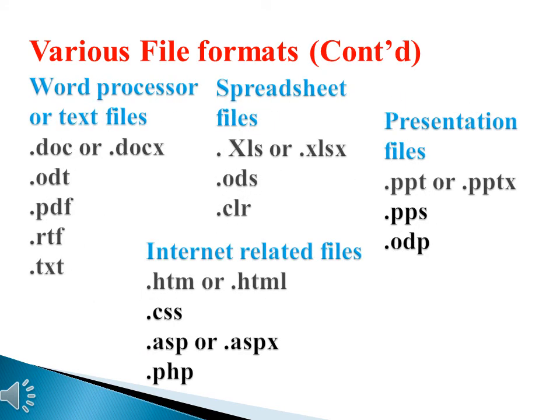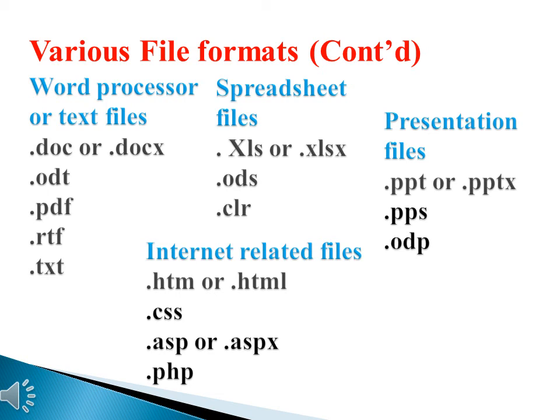If you are working with a word processor or text files, then the extensions or the formats may be .doc or .docx, .odt, .pdf, .rtf or .txt. These are the different word processor or text file formats.